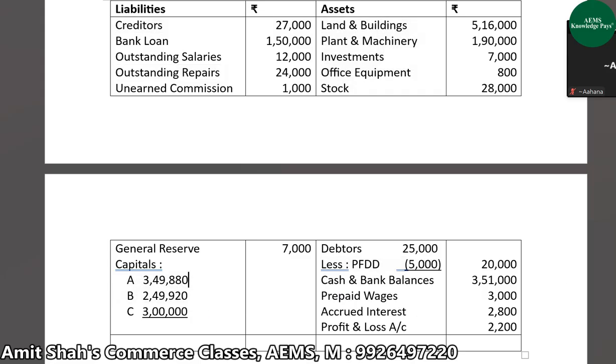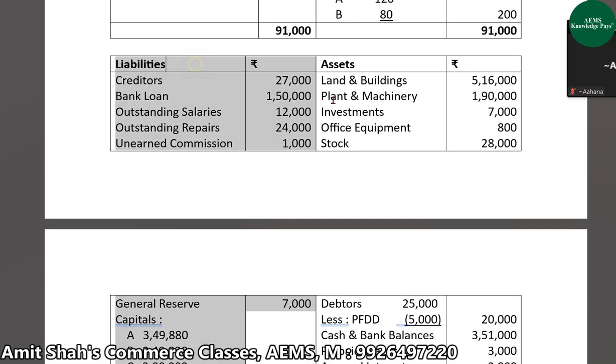C has been brought into the firm with a capital introduction of 3 lakhs, and that capital he has brought in the form of cash, and because of that our cash balance has increased by 3 lakhs. Earlier it was 51,000, so now after C brings rupees 3 lakhs, the balance has become 3,51,000. So I hope, guys, you have understood this balance sheet.